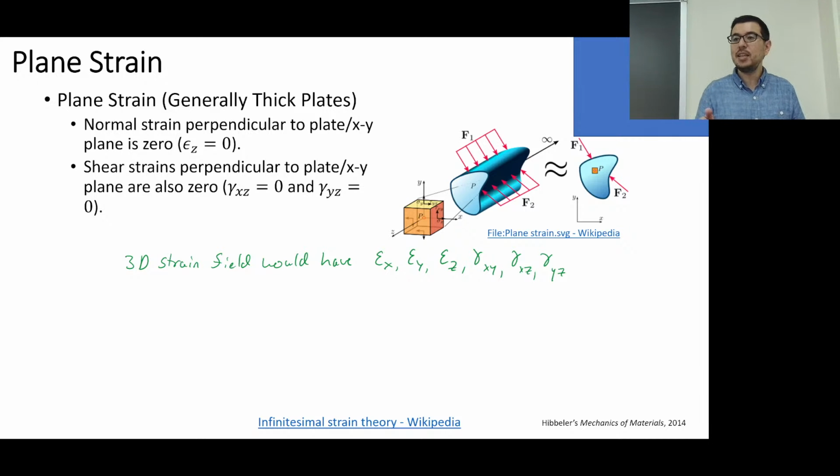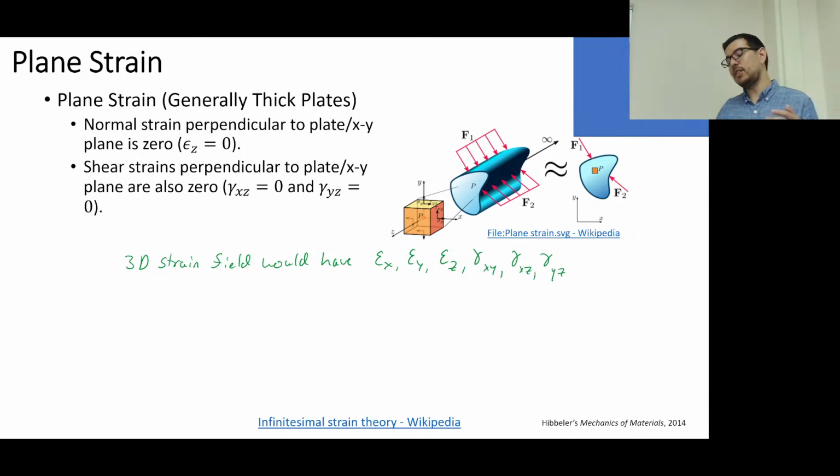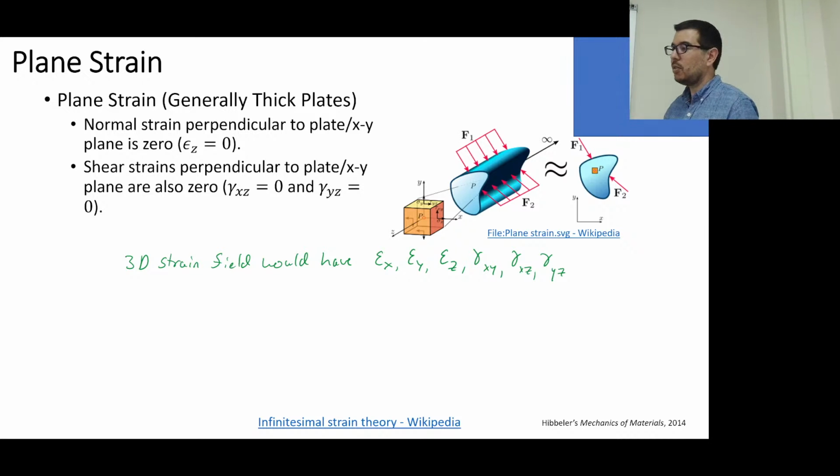For plane stress, sigma z, tau xz and tau yz are equal to 0. And here, in terms of the variables that we write out, it's the same deal. Epsilon z is going to be equal to 0. Gamma xz is going to be equal to 0. Gamma yz is going to be equal to 0.